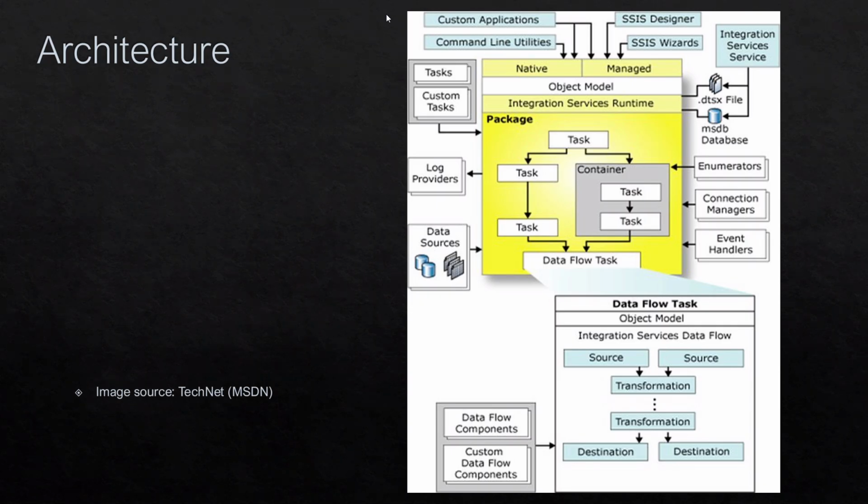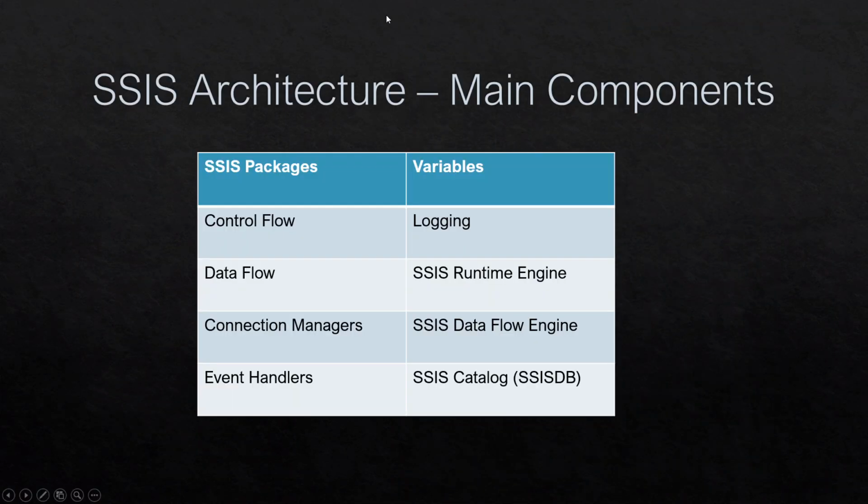I'll create a separate video explaining the architecture in detail, which you can see in the next videos. As we saw, the runtime engine and data flow engine are part of the architecture.